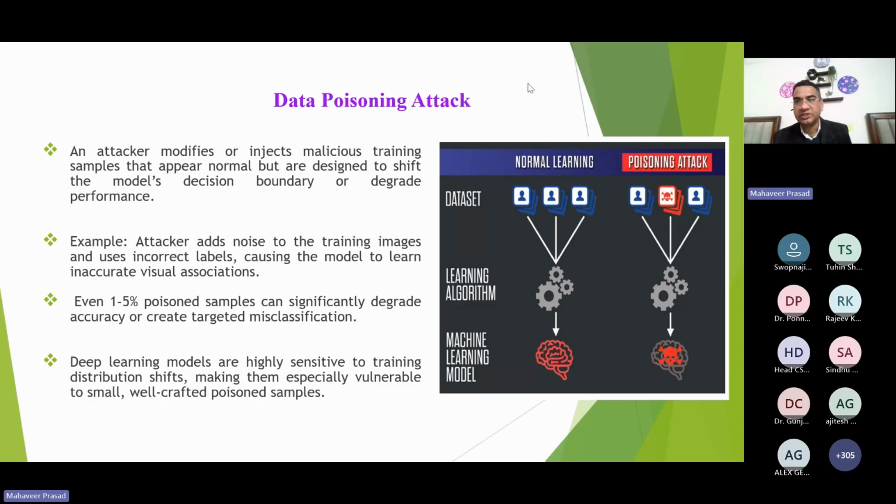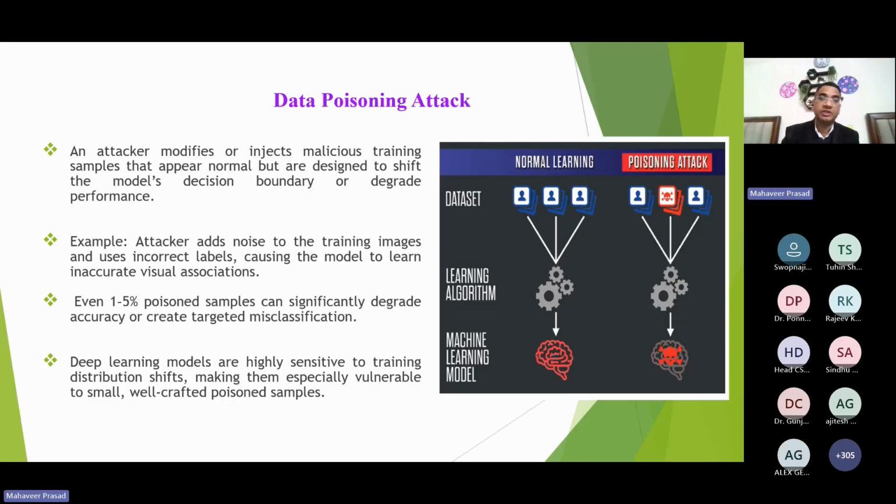So, data poisoning attack. Now you can see on the right side, this is the normal procedure where you are taking various data and using various algorithms, and finally your machine learning model is getting ready. On this side, if you poison the data itself, then finally you will not get a proper model.